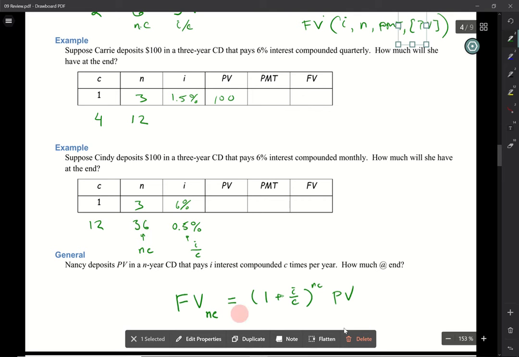Okay, so with the compounding, this nominal rate, which is for the whole year, you have to divide it by the compounding periods. And then if n is the number of years, then the true number of compounding periods is the number of years times how often you compound per year, right?